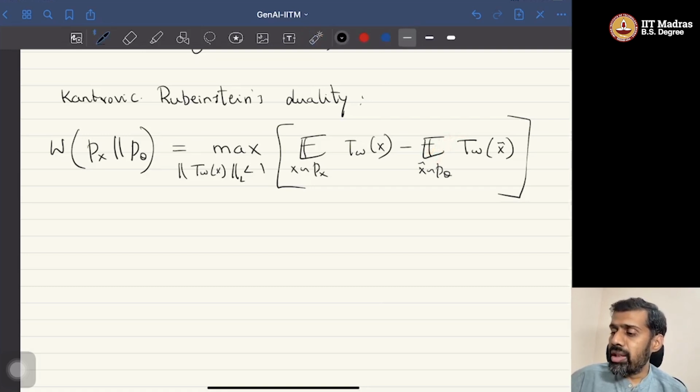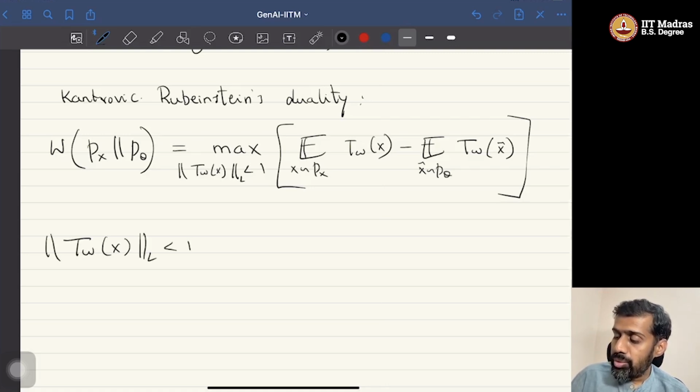Now, what do you mean by tw being 1 Lipschitz? Okay, so it's simply saying that tw of x should be 1 Lipschitz.